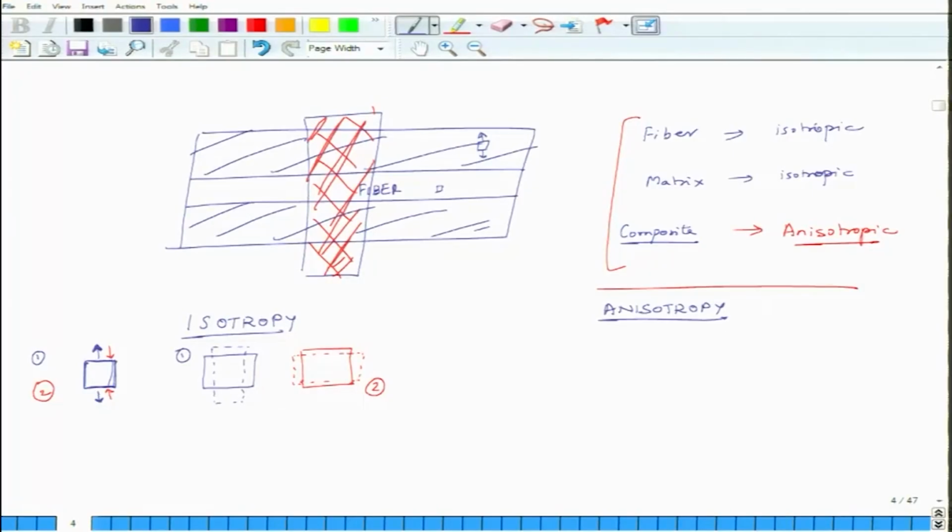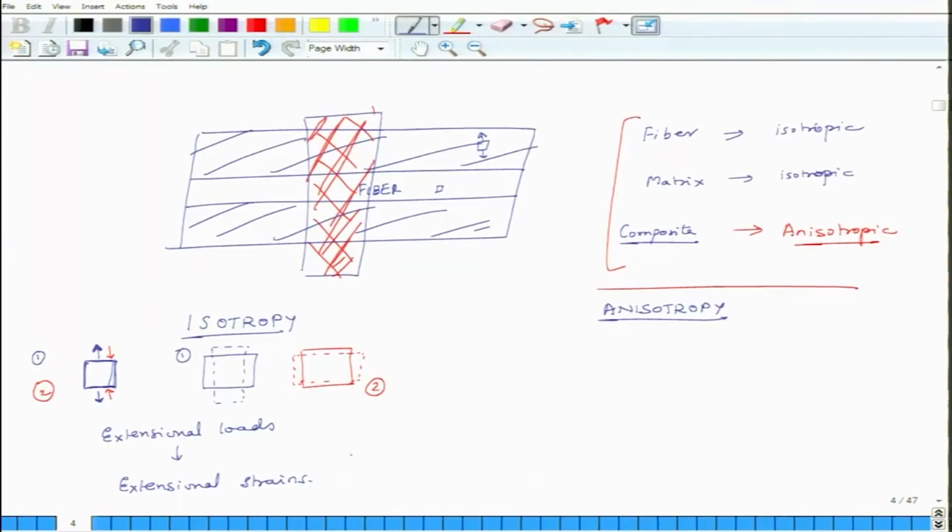So what this means is that if I am applying extensional loads, they only cause extensional strains. So these strains will be either tensile or compressive.